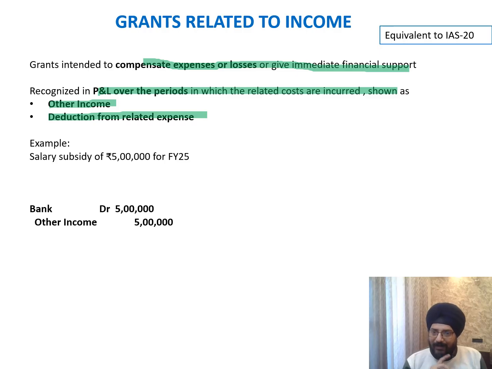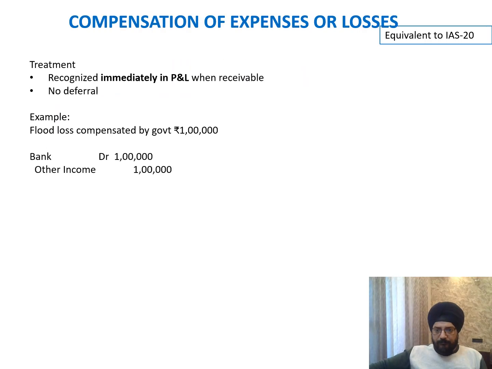But in grants related to asset, there is no choice. We have to only account for it as a deferred income method. For example, say a salary subsidy is 5 lakh for a year. So we can debit the bank and credit the other income. And in the financials, we can set it off against the salary or we can simply show it as other income in the financials as well. So we'll move to the next slide then.